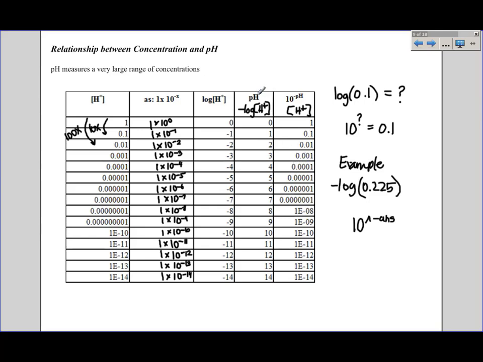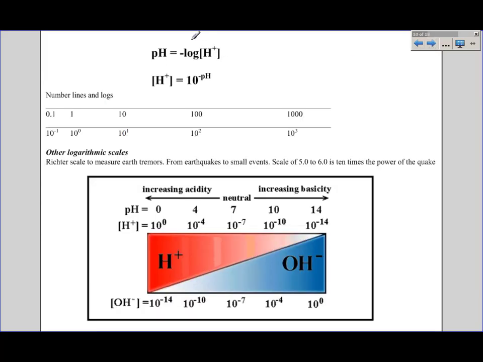We've derived the formula for calculating the pH, being the negative log of the H+ concentration. And from the pH, if we want to know the H+ concentration, the relationship is 10 to the minus pH. These are two very critical formulas.